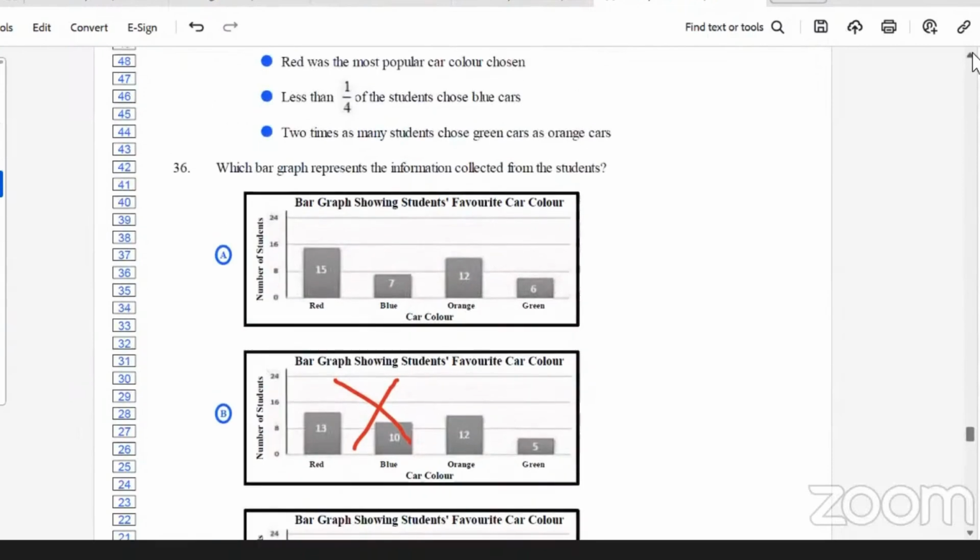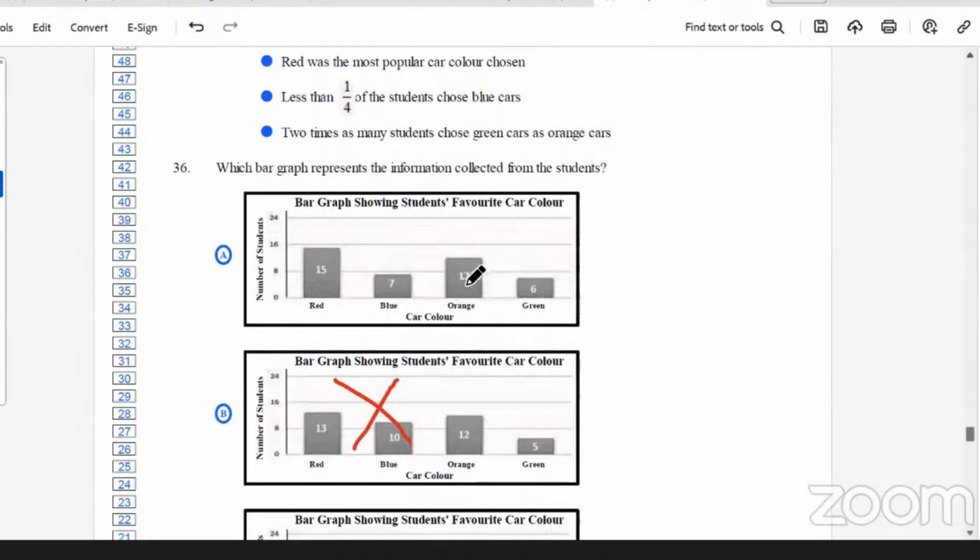All right, so the next one says 2 times as many students chose green as orange. So that means for every 2 people that chose green, 1 chose orange, right? So twice as many students chose green. So green would be twice as much as orange. So which of the options shows green being twice as much?